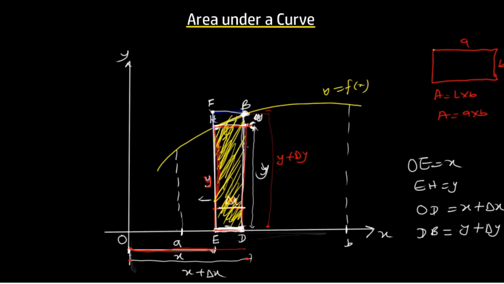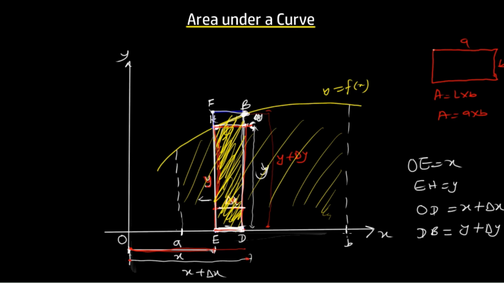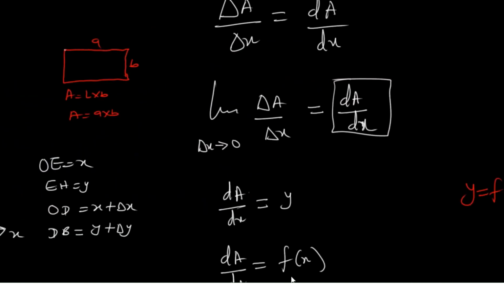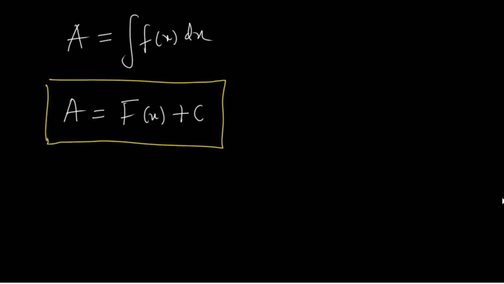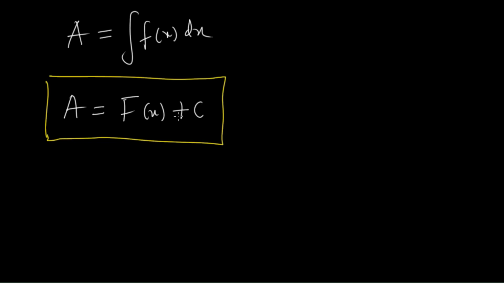But recall that from the graph, we are trying to find the area bounded by this whole curve, with point B as the upper limit and point A as the lower part of the curve. So if you have this, we can then rewrite our answer in this form. We're going to have the big area now equal to F of b, which is the upper limit, minus F of a.